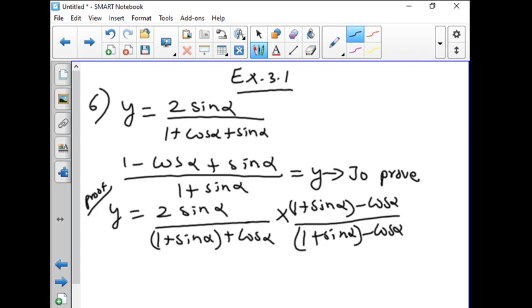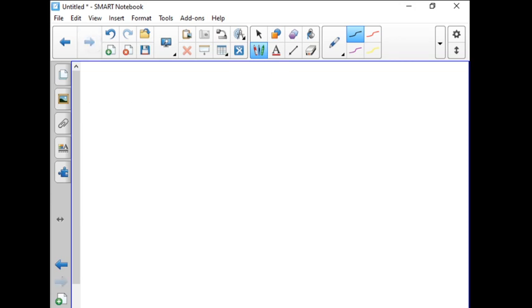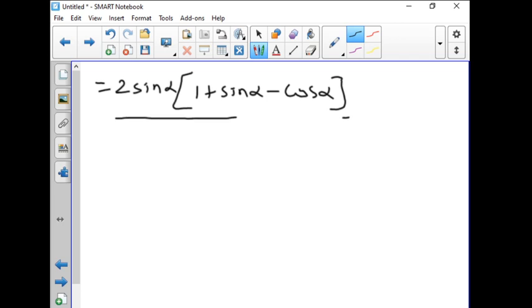The denominator is of the form a plus b into a minus b, which is a square minus b square.